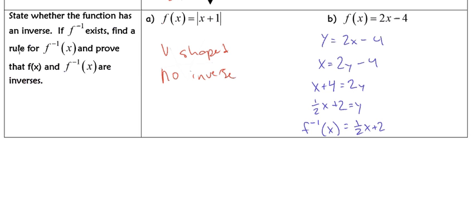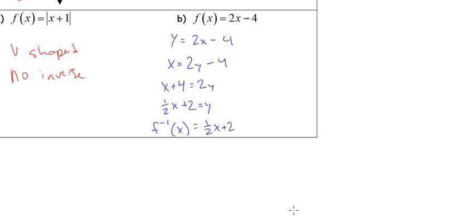Okay, so we've written our rule now at this point. We've said what our inverse is going to be, f inverse of x equals 1 half x plus 2. And so now we've got to prove that. Remember what we said at the very beginning of the notes, that if we have f of f inverse of x, when we plug an x into the inverse and then plug that output as the input into f, we need to get back to our original input, which is x.